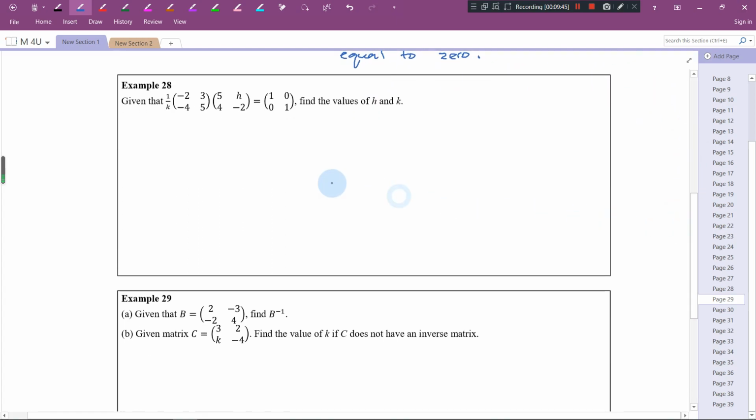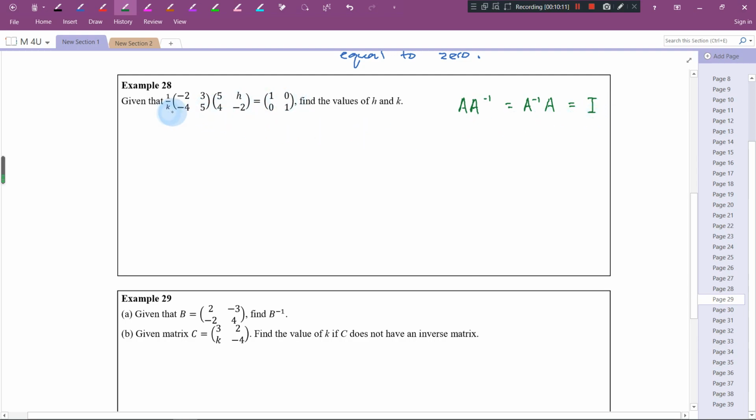Okay, now let's try another example. Given that this is equal to 1, 0, 0, 1, this is identity, right? Still remember just now what I told you. A times A inverse is equal to A inverse multiplied by A, which will give you the identity matrix, right?